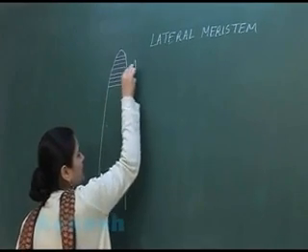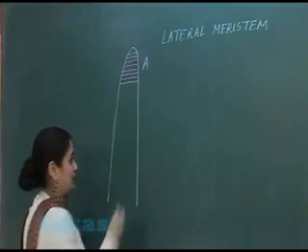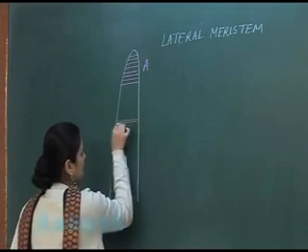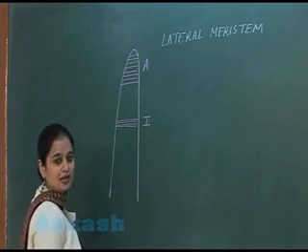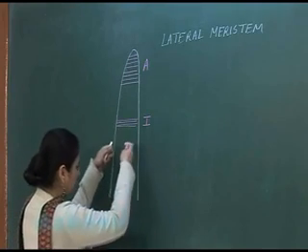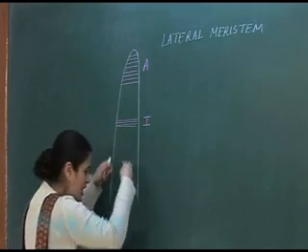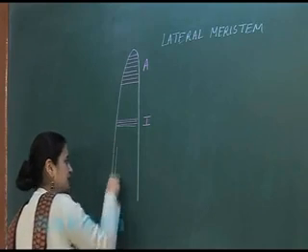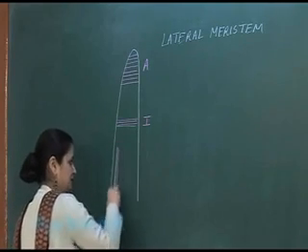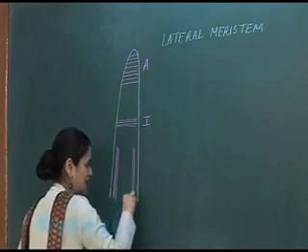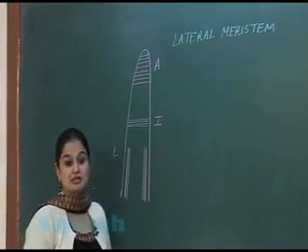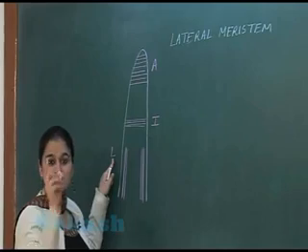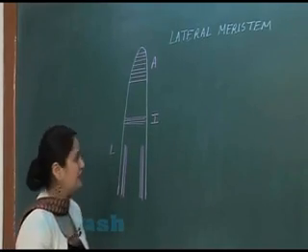Very good, at the apex, apical meristem. If the meristem is present here, it is intercalary meristem. And the meristem in the shoot can also be present on the sides, like this. Yes, on the sides. The meristem which is present on the sides is going to represent lateral meristem, right?